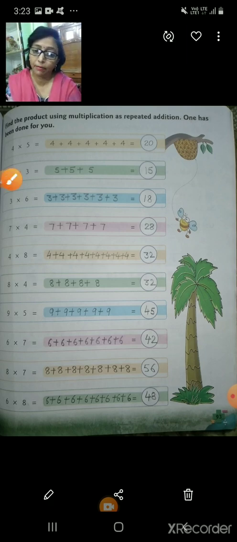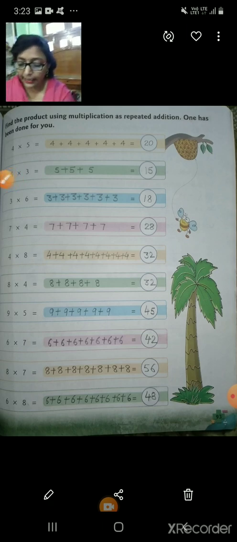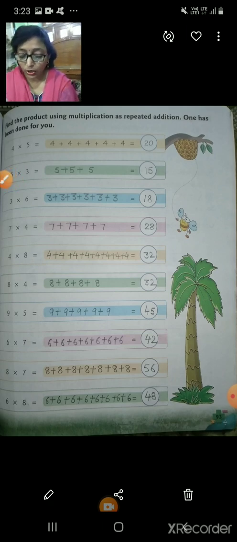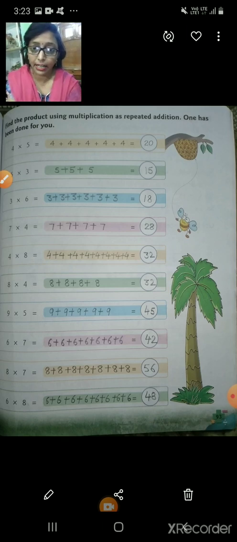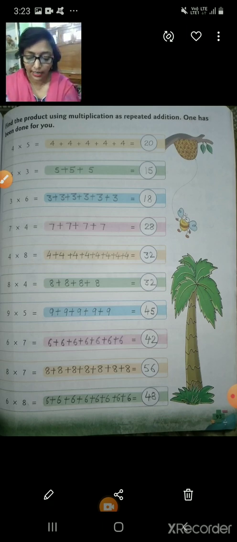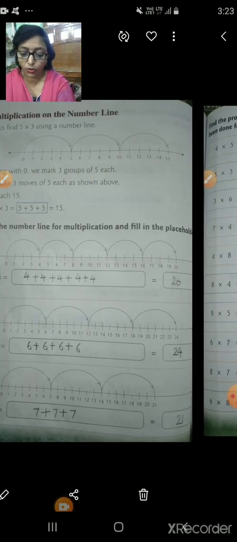So the answer will always be the same. Like this, 3 into 6. So how many times will you write 3? 6 times. So you will write 3 in addition form 6 times, and its result will come 18. The same answer will come. Like this you will solve the other questions on this page also.